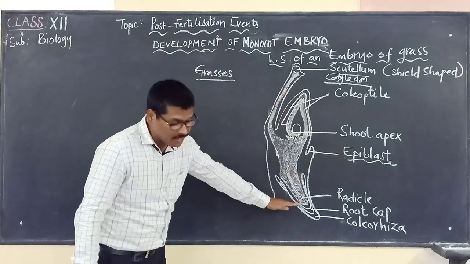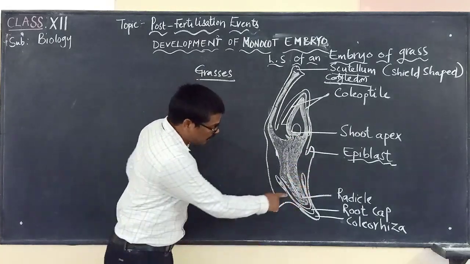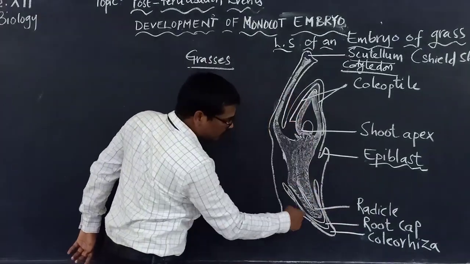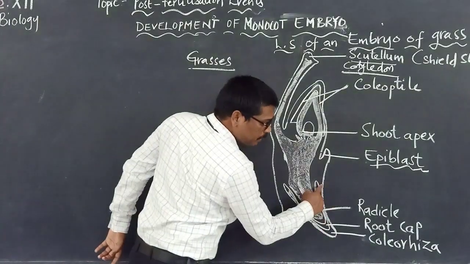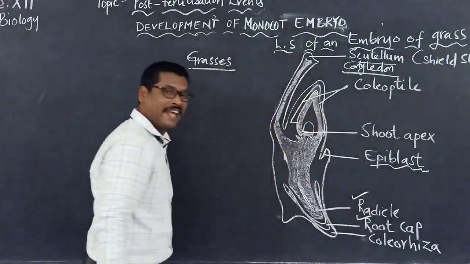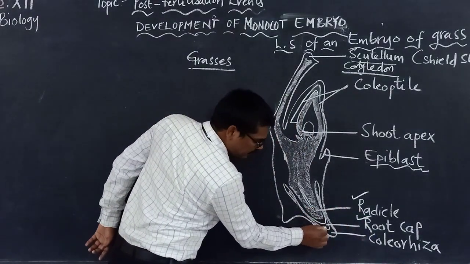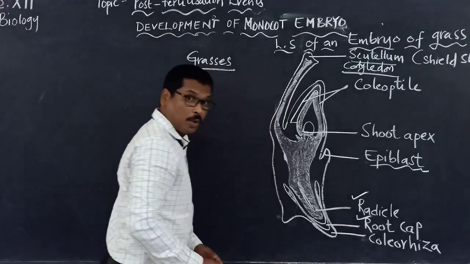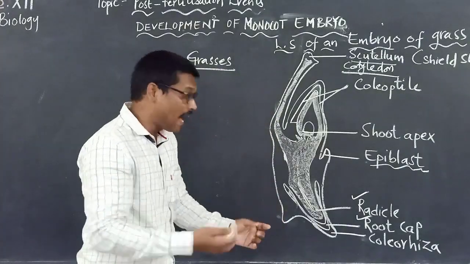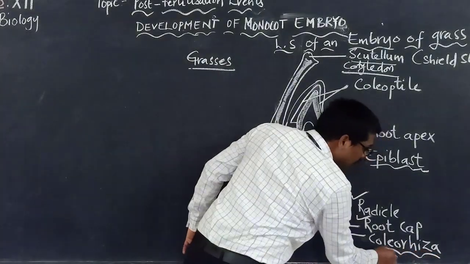At the lower end of the embryonal axis, what are we seeing? The radicle and root cap. If you see very clearly, this is the radicle and the root cap, which is enclosed by an undifferentiated sheath called the coleorhiza.